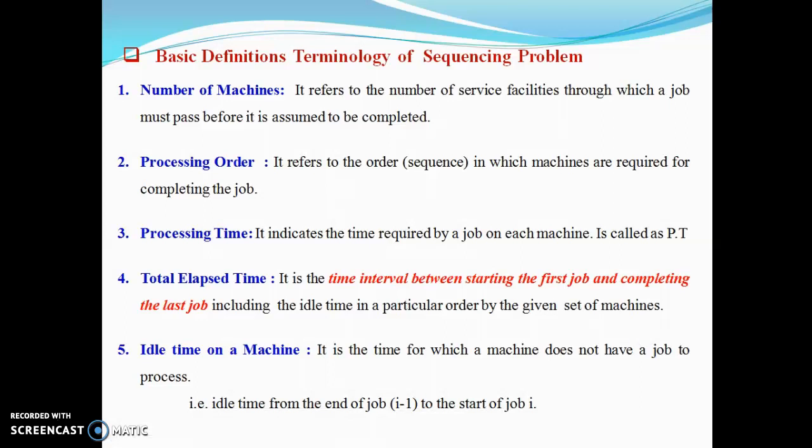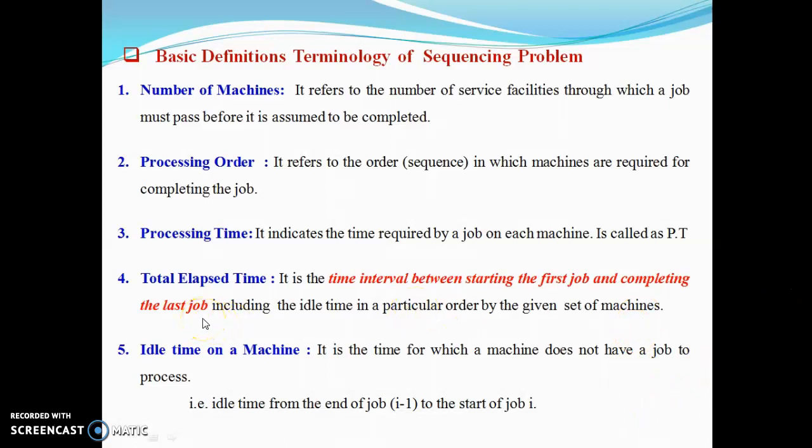Or you can say in other words, the total elapsed time is the time elapsed between the starting of the first job and the completion of the last job.